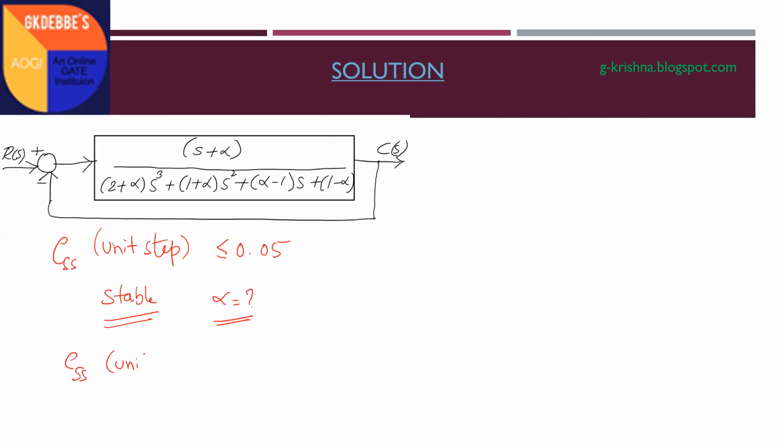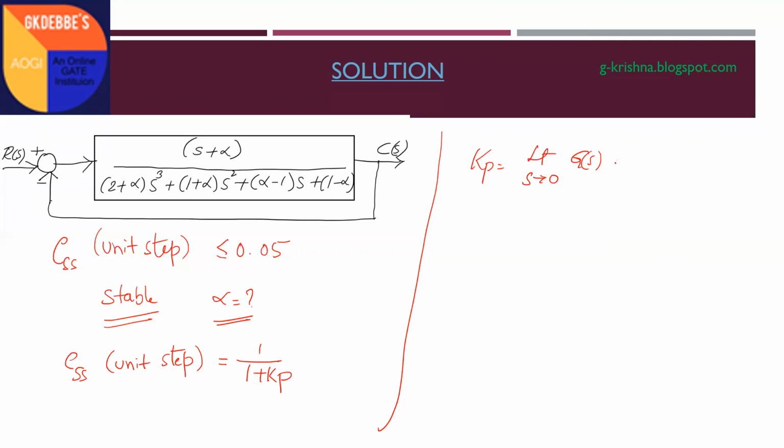The formula for the steady state error for unit step input is 1 by 1 plus Kp, where Kp is the limit as s tends to 0 of G(s). Substituting s equal to 0 in this open loop transfer function, we get alpha by 1 minus alpha.